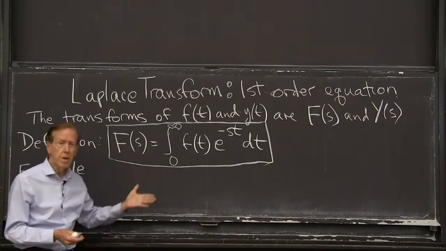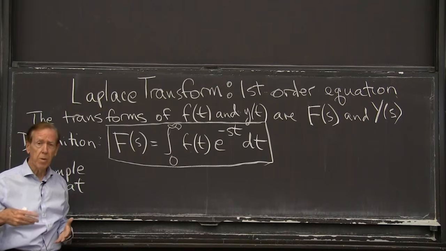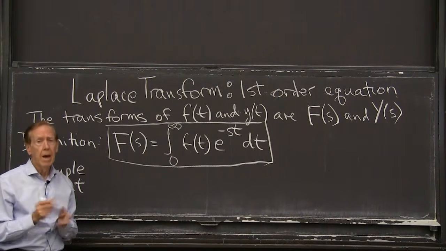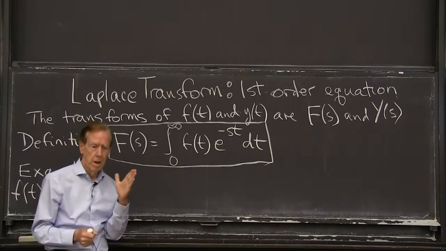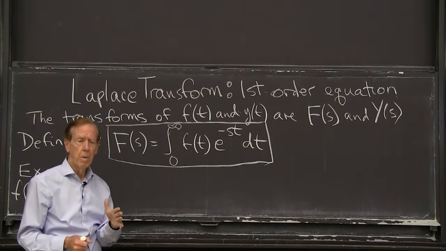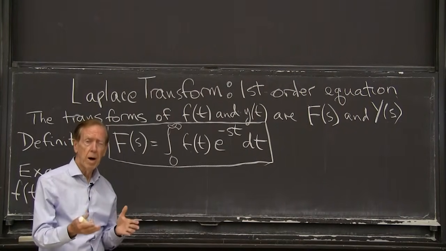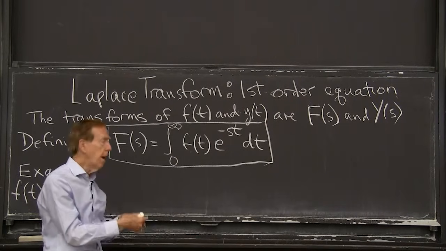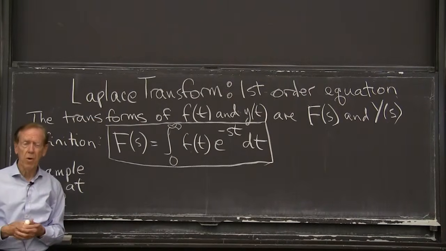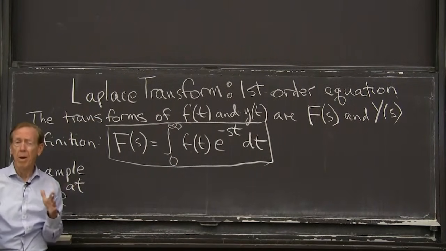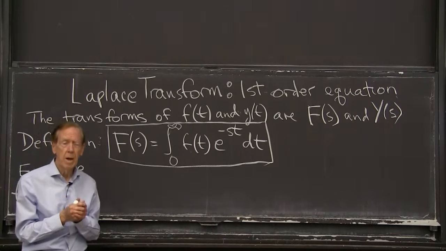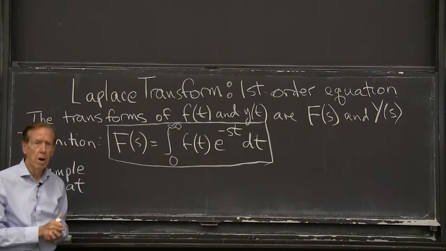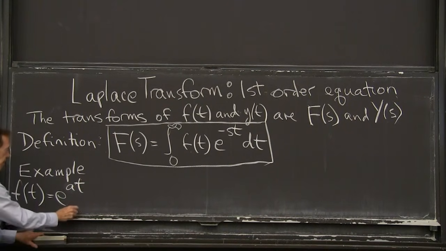So to find the Laplace transform is to do an integration. And you won't be surprised that the good functions we know are the ones where we can do the integration and discover the transform and make a little table of nice transforms. And the number one function we know is the exponential.